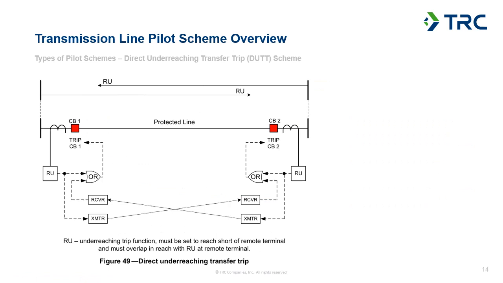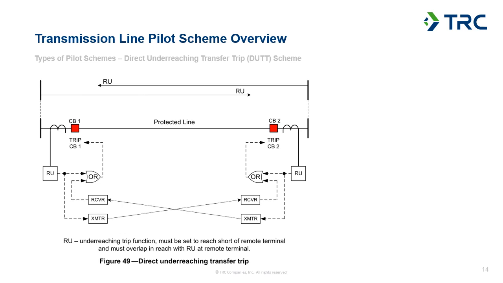So the next scheme we're going to take a look at is a direct underreaching transfer trip scheme, or DUTT scheme. And this scheme operates in a similar way in that we're sending a single bit of information from one terminal to the remote end, but operates on a little bit of a different principle, in that we're directly sending a trip signal from one terminal to the other terminal when that terminal sees a fault that it knows is an in-section fault.